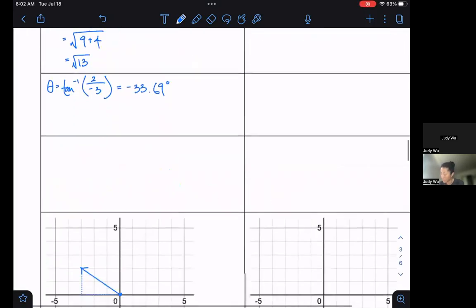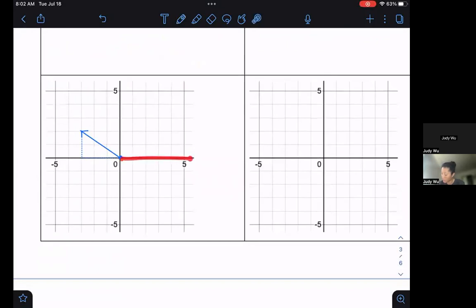And if I think about my diagram here, I know 0 degrees is here, but -33 would be like here, right? This is -33. That's not what our picture tells us. In fact, our picture tells us it's not -33, but if we added 180 degrees, we would get to our diagram.